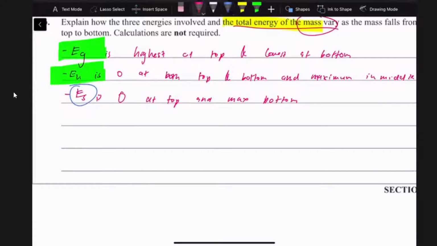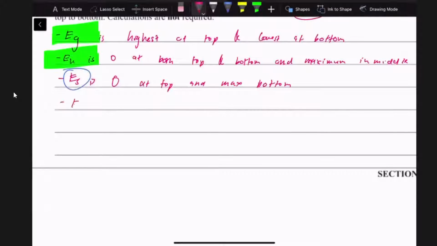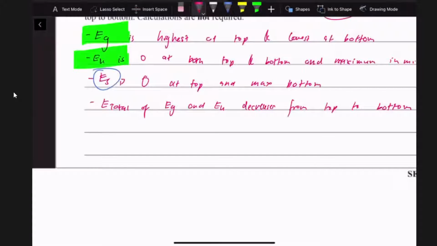So for this last condition, you have to say that E total of Eg and Ek decreases from top to bottom. Don't be confused into saying E total is constant or stays the same, because we're not including Es.